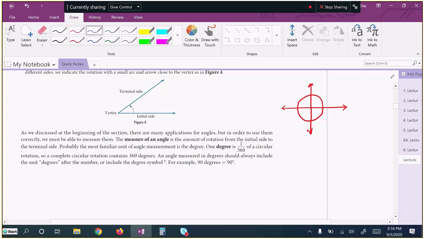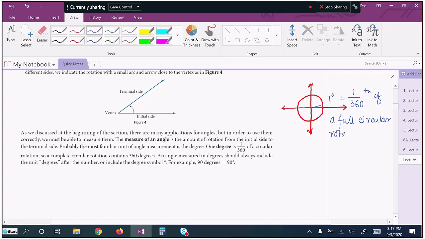So 1/360th of this entire circular rotation is attributed as 1 degree. So I say 1 degree is 1/360th of a full or an entire circular rotation.